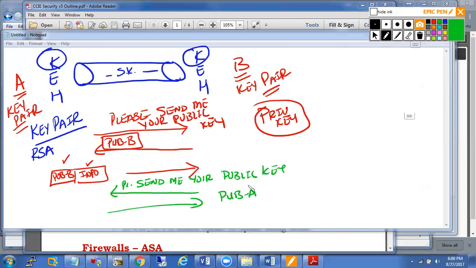The public key A. B gets it. B takes the information that he needs to send across in terms of the session key, encrypts it using whose key? Pub A. Who decrypts it? The corresponding private key for A will decrypt it. Do you guys understand the flow over here?